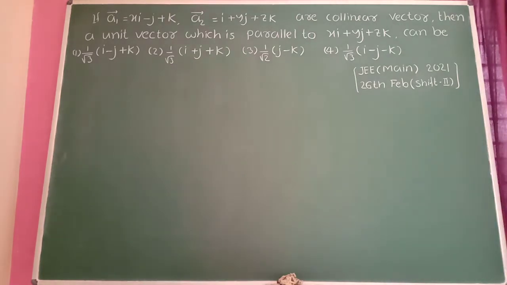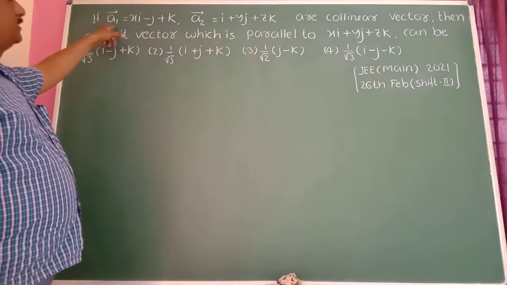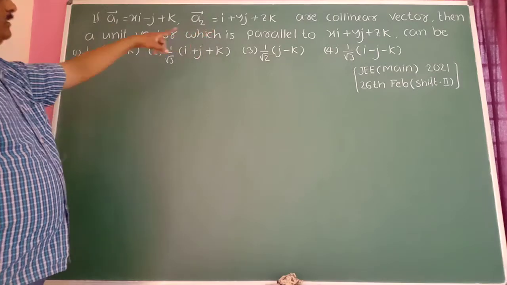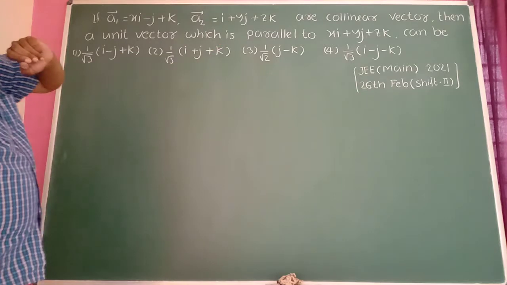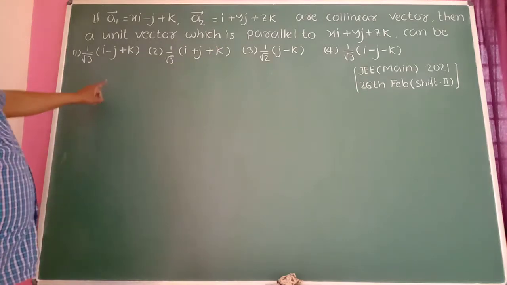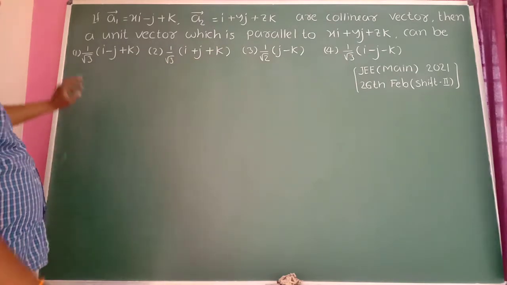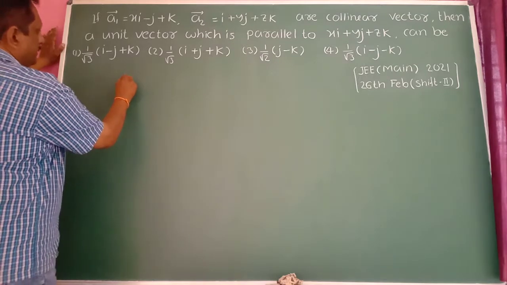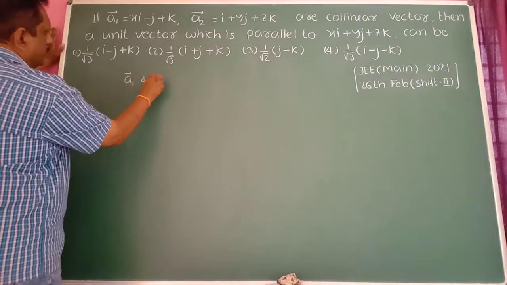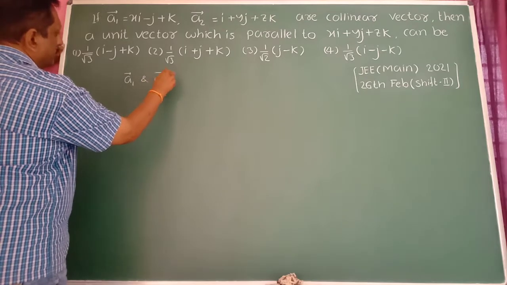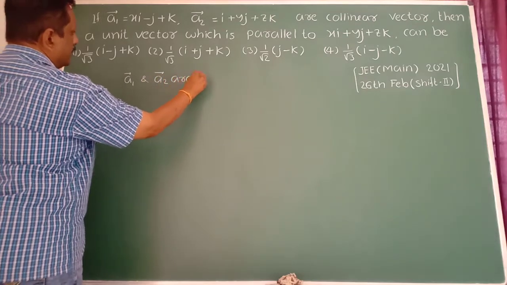Next question: if two vectors A1 bar and A2 bar are collinear, then a unit vector which is parallel to xi plus yj plus zk can be, and four options are there. Here they given that A1 bar and A2 bar are collinear.